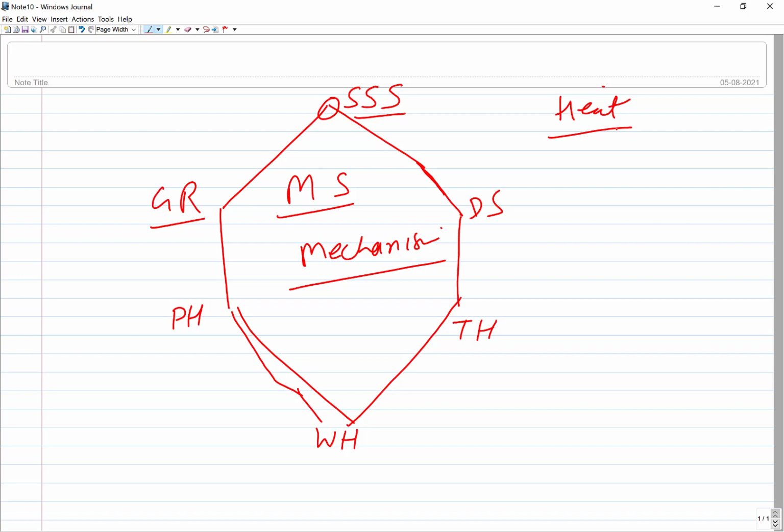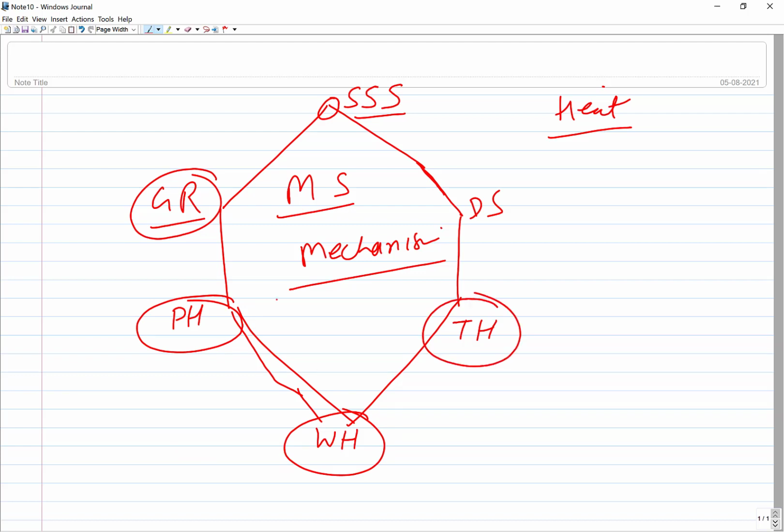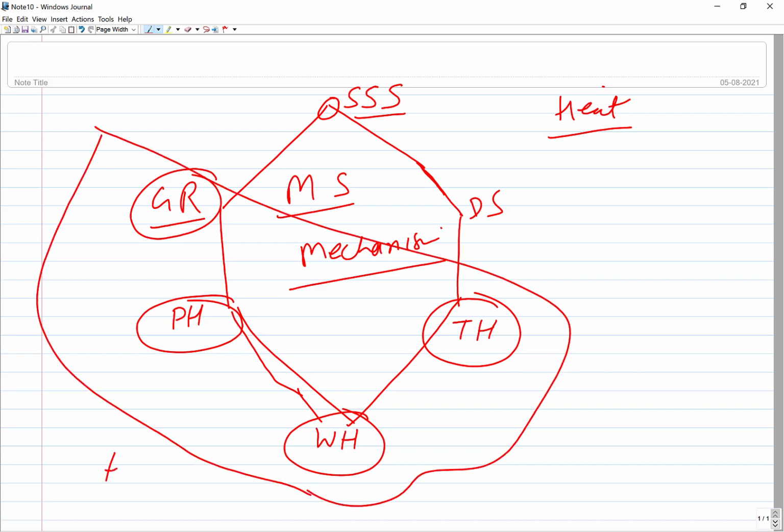So the metals which are strengthened primarily by grain refinement, by precipitation hardening, by work hardening, and by transformation hardening, all these are very seriously or severely affected by the heat. So you can call these heat sensitive metals, which will be affected to a greater extent by the heat being generated or applied during solid state joining.